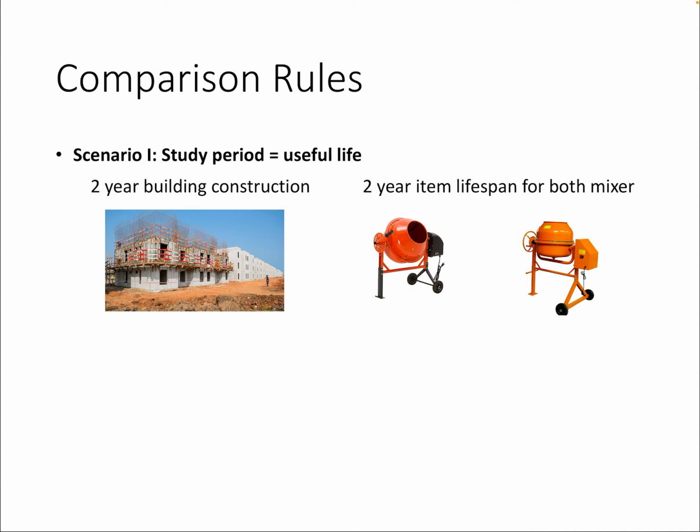Okay, so we said if we want to compare different alternatives, we need to make sure that the study period is equal to the useful life of all the different options. For example, if you want to build a building like this, the concrete building, and your construction is 2 years, that's the contract time.